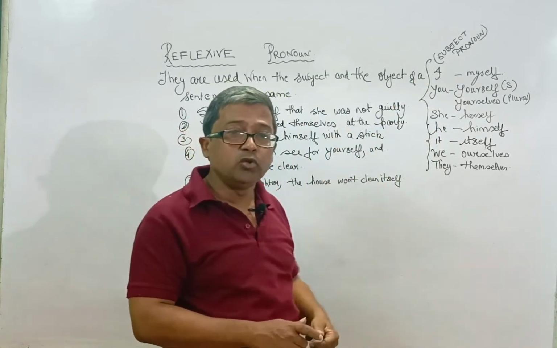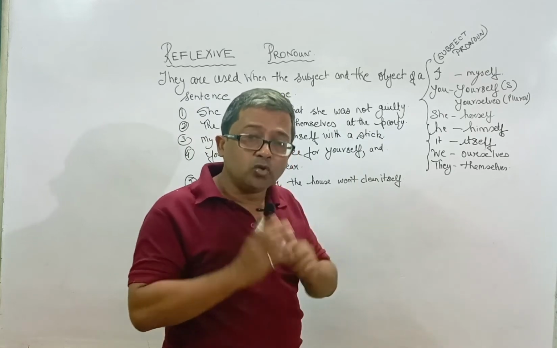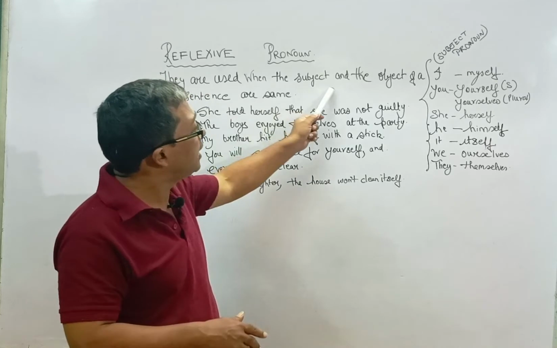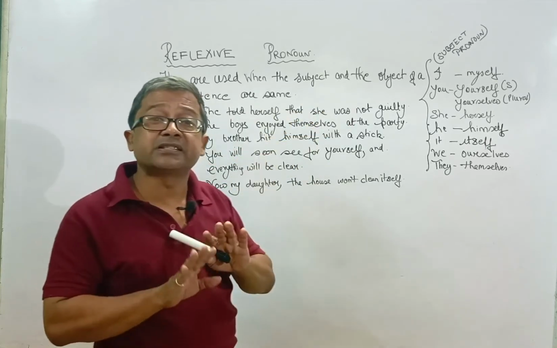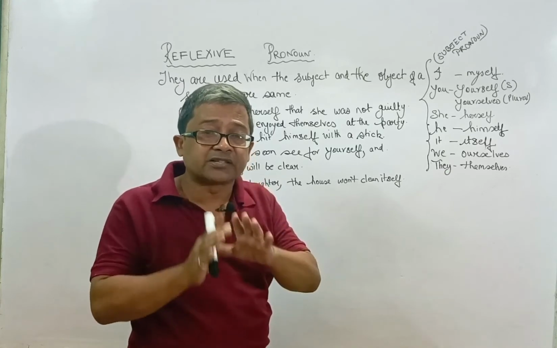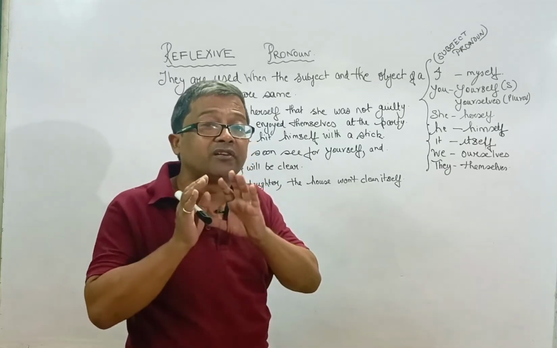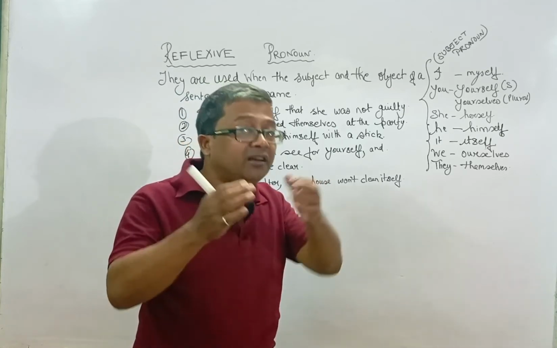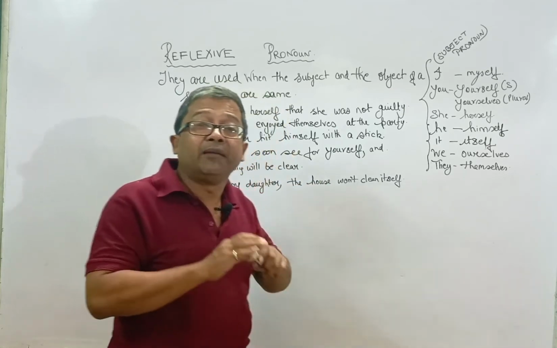And when do we use a reflexive pronoun? We use a reflexive pronoun in a sentence when the subject and the object of the sentence are same. When the subject and the object of a sentence are same, we use a reflexive pronoun. I hope that's clear.